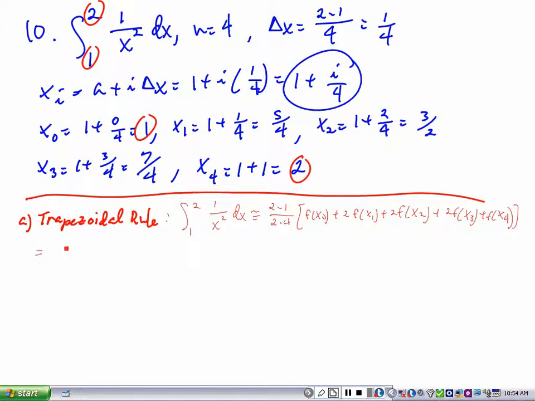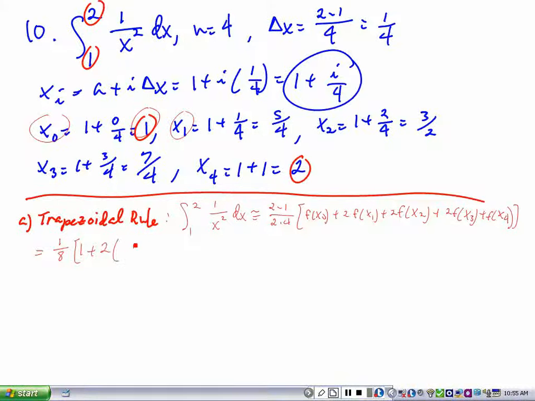And so we simplify this. This is 1 all over 8. f of x naught, where x naught here is 1, so this is 1 plus 2 times f of x of 1. x of 1 is 5 over 4.